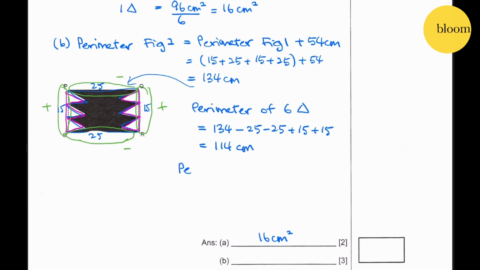So perimeter of one triangle is 114 divided by 6 cm, which gives us 19 cm.